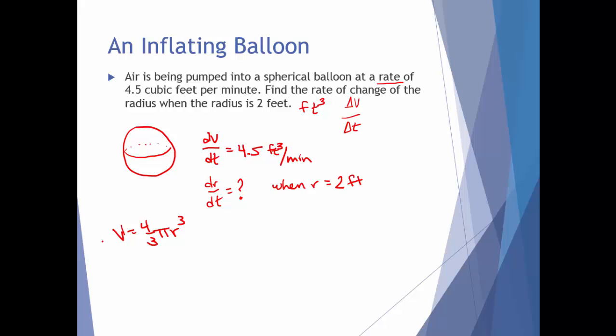So if V is an entire function of time, its derivative is the derivative of the volume with respect to time. It's dV/dt. For the derivative of the right-hand side, I'm going to leave out the 4/3 pi. It is a constant, so I can go ahead and leave that out of the derivative.